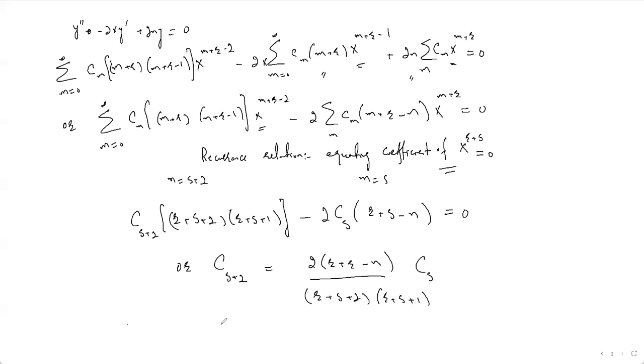You can write this as twice r plus s minus twice n. So c s plus 2 will be equal to twice r plus s minus twice n divided by r plus s plus 2 into r plus s plus 1, c s.